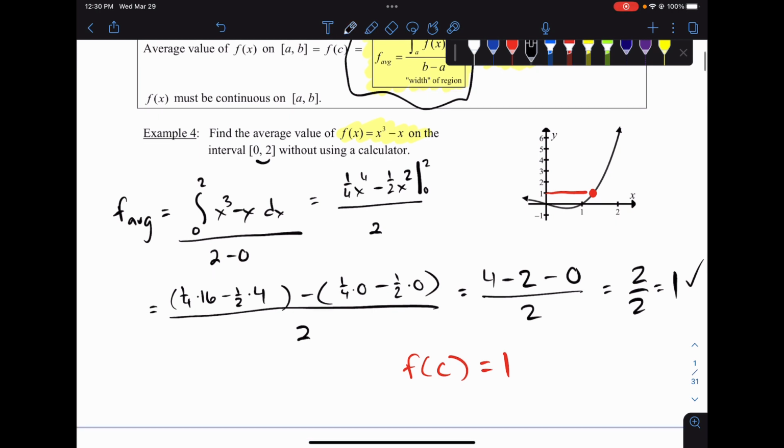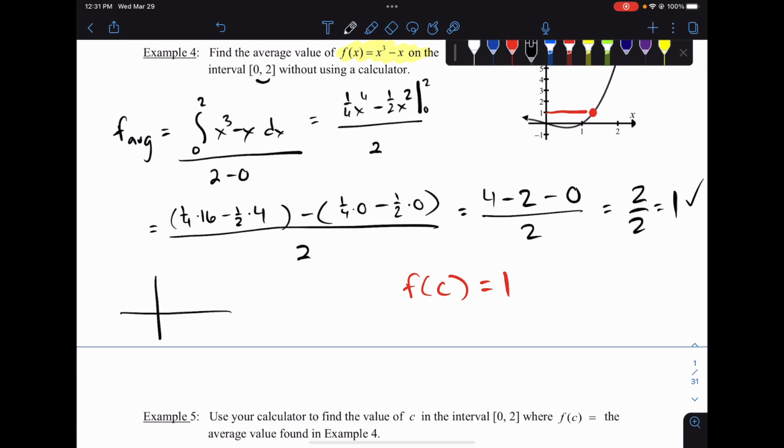Sometimes it gives you the shape of the graph and wants you to find the average value, and to do the integral part, instead of integrating a function, you find the area under the curve and use that to find the integral, okay? Sometimes it gives you a really ugly function that you can't integrate in your head or on paper, so it wants you to use the calculator for that part.